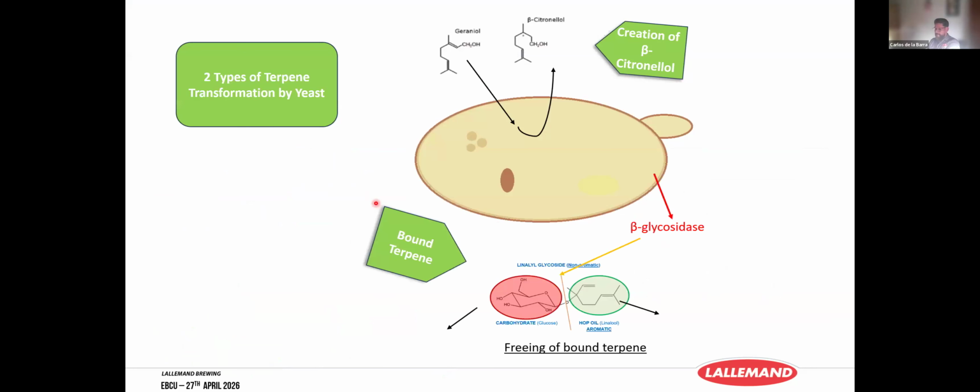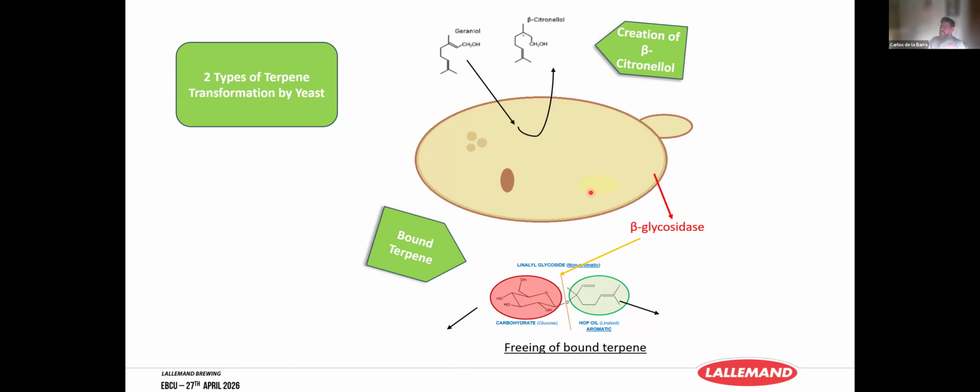These are types of this biotransformation that the yeast can do. One is the creation of something that is completely new, as much as liberating a bound form of a non-aroma-active precursor to an aroma-active free version of that molecule.